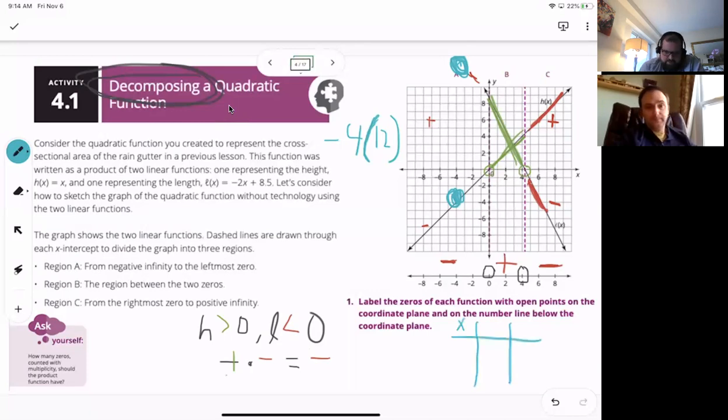I'm going to write the equation. h of x is just equal to x, so I'm going to put x there, and then L of x is -2x plus 8.5.